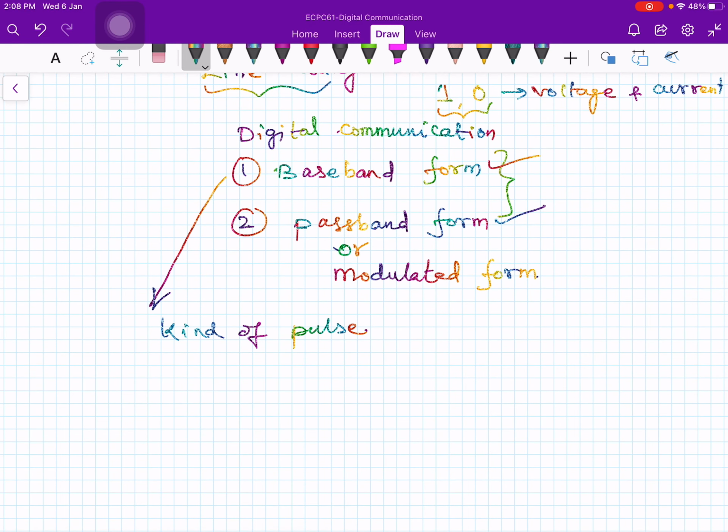I will elaborate on pulse shape and inter-symbol interference as we go along the course. Since this is the introduction, I am giving only an outline of the concepts. This ISI occurs due to the band limitation on a channel. So we will also see how to take care of such problems if you have band limited channels.